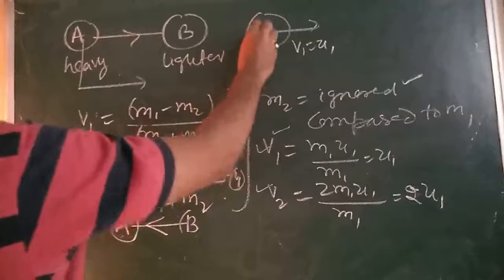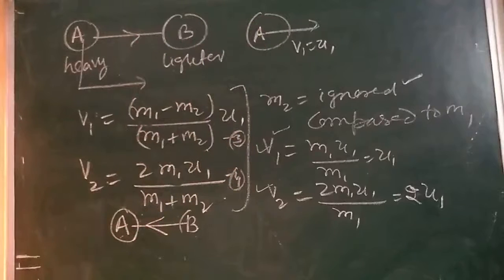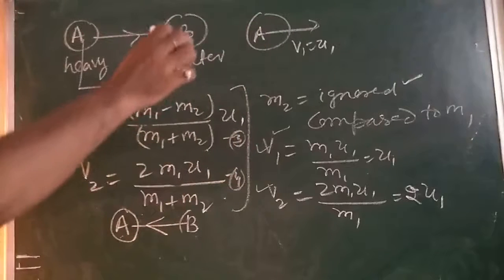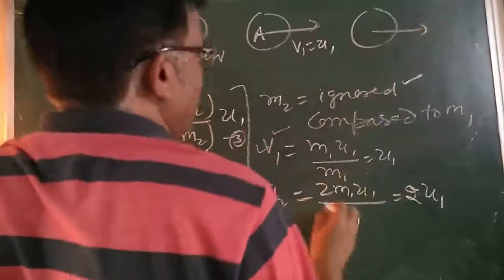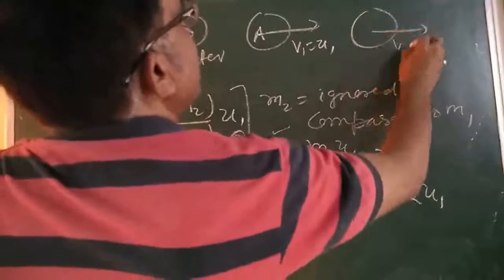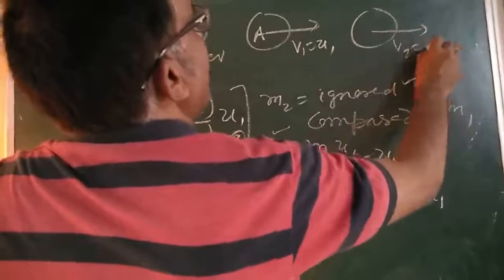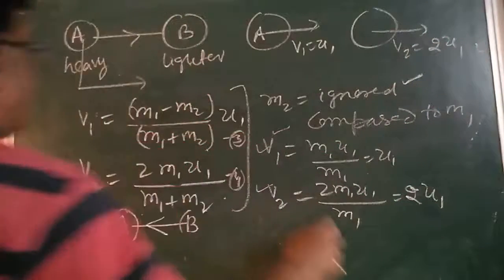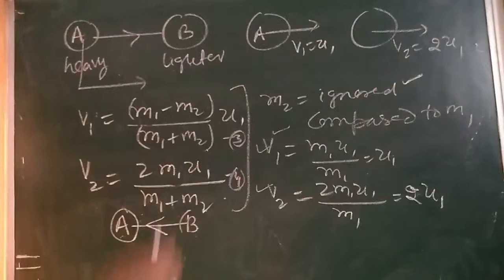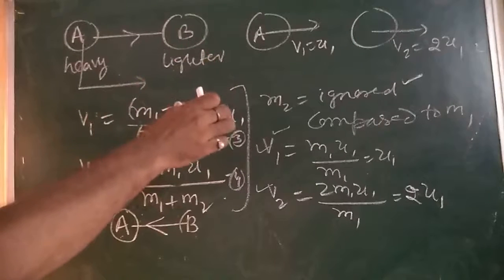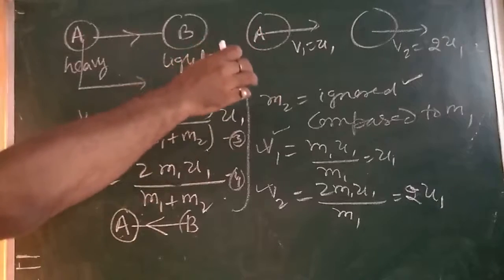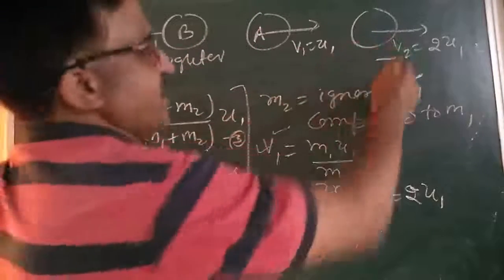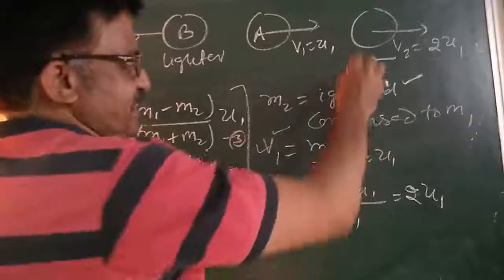But body B moves with V2 twice, that is double the initial velocity of A. Is it clear? Yes, sir.